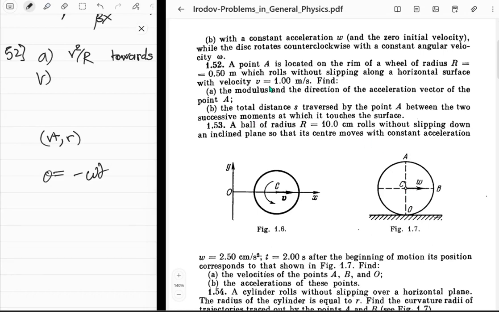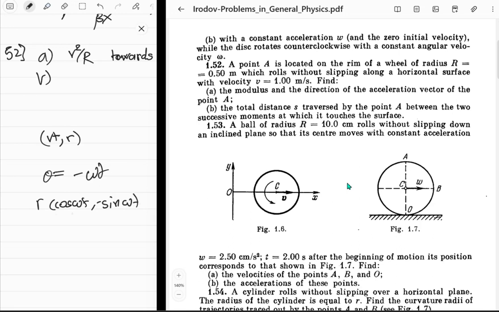What did they say? Yeah, just velocity is given. They didn't give us anything about omega, but we know omega is going to be clockwise. Fine. So now we got theta, which is of course the angle that it makes with the x-axis, right? Okay, you get that. Then the CA vector is just going to be r times cosine omega t, negative sine omega t.